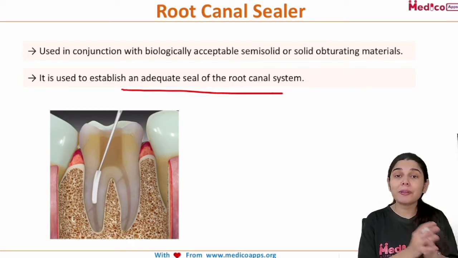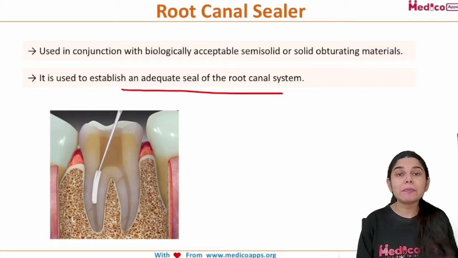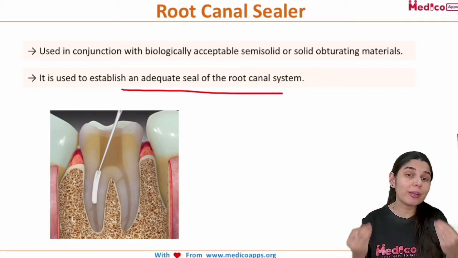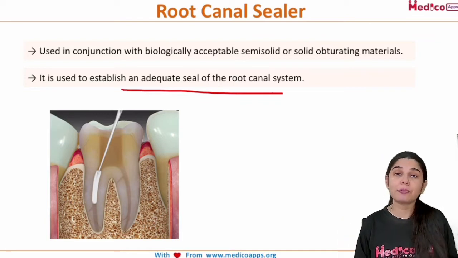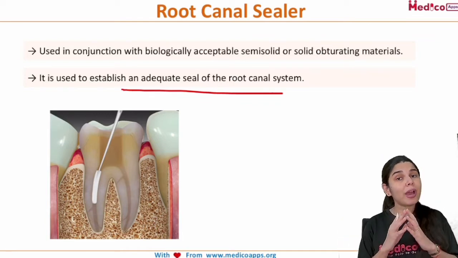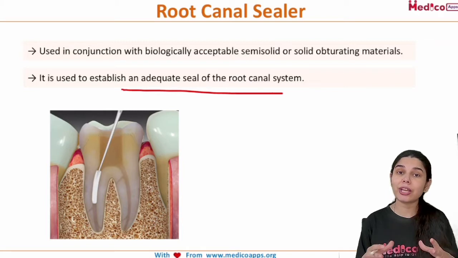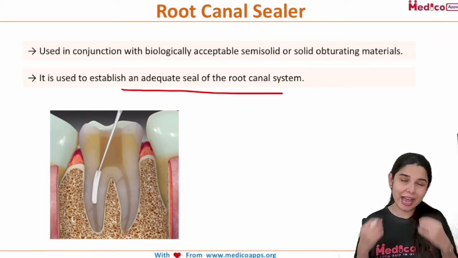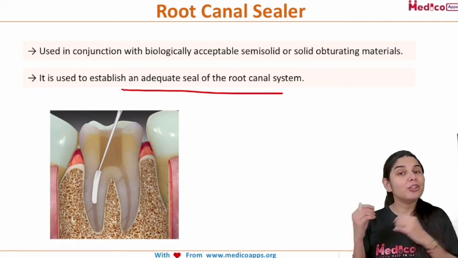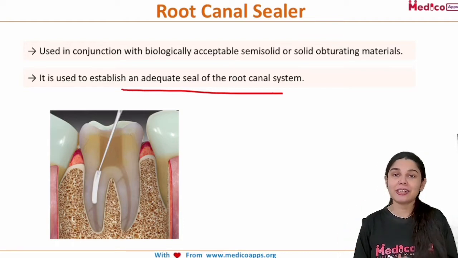So the root canal sealer helps in providing an adequate seal of the root canal system along with the obturating material. I hope you have understood what a root canal sealer is, and if an examiner asks you its use, you can answer that very easily.